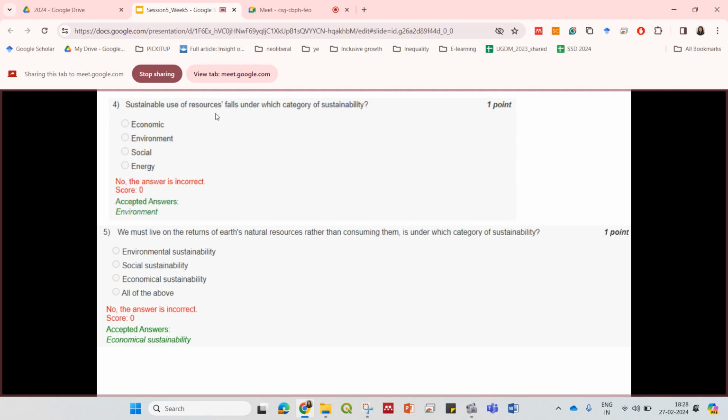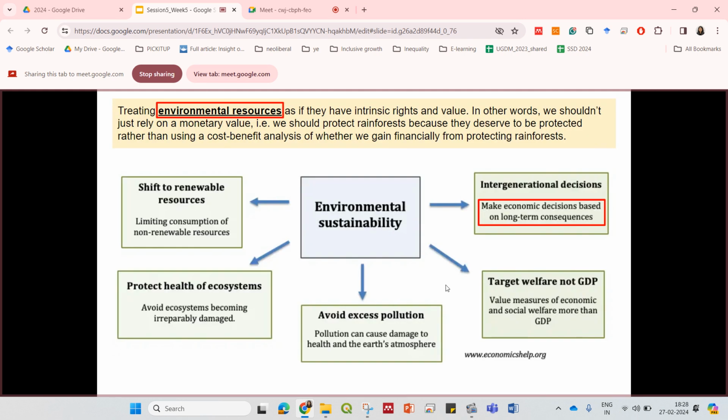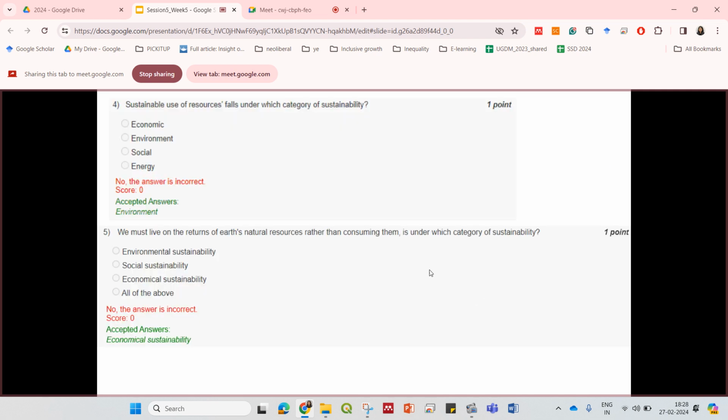It only talks about sustainable use of resources, and thus the answer for this was environment, because environmental sustainability largely focuses on environmental resources and making decisions based on long-term consequences, so using it sustainably. But the question which you were assigned was phrased differently, and it was phrased in a way that you must live on the returns of Earth's natural resources rather than consuming them.